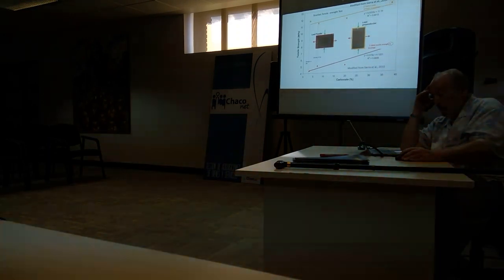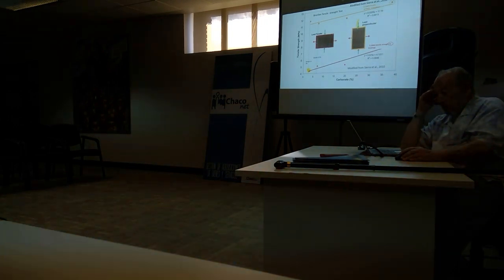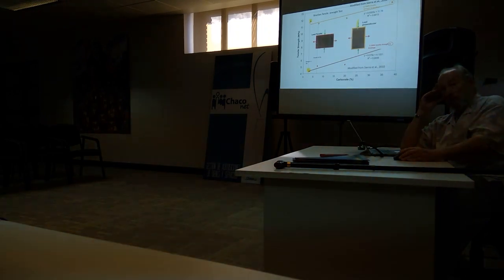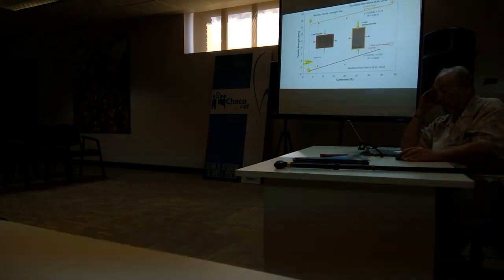When he applied the load in this orientation, same sample, or a split of the same sample, it plotted up there. That particular sample had 3% calcite in it, calcium carbonate.